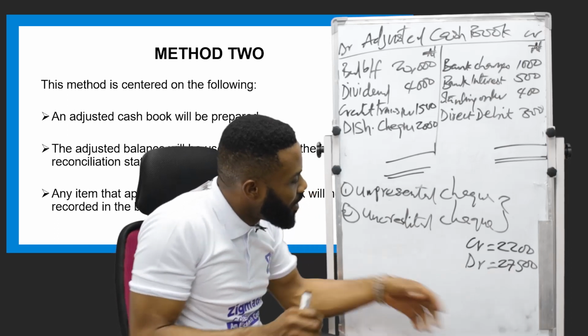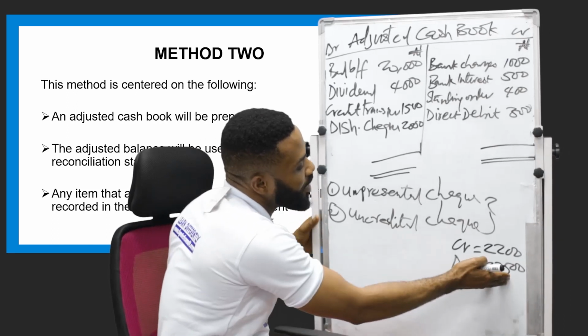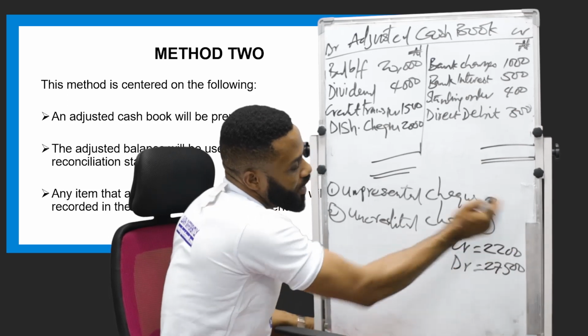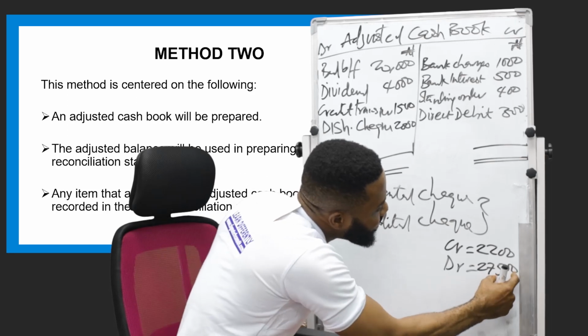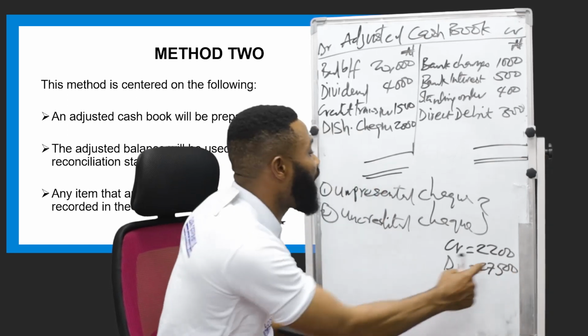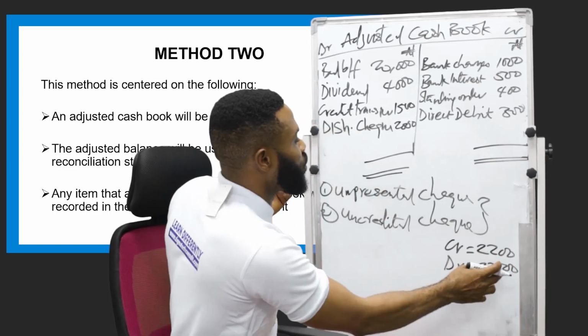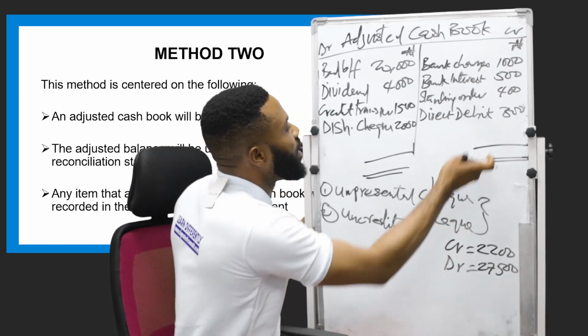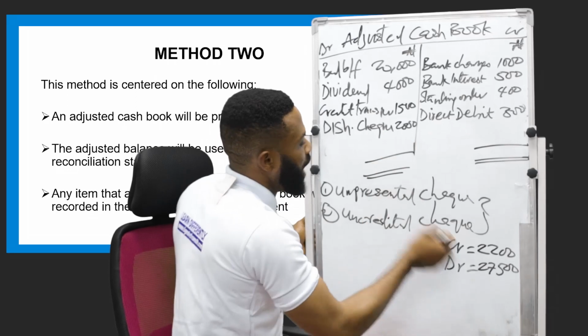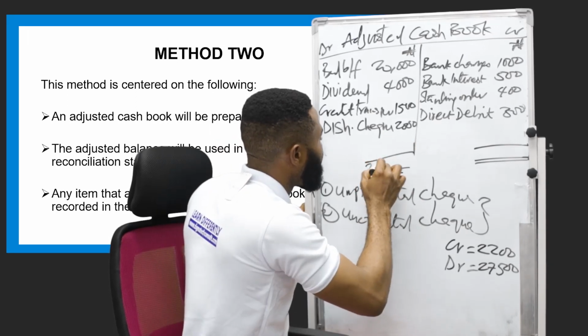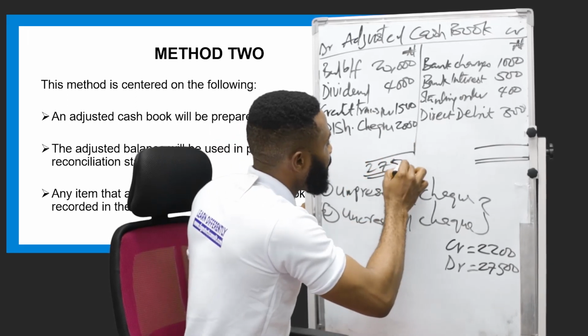You can see that the debit side is higher than what? The credit side. So what you are going to do, you are going to take the highest number, or the highest side. This side that is 27,500 is the side that will enter your total column. Now the total column here is going to be 27,500.